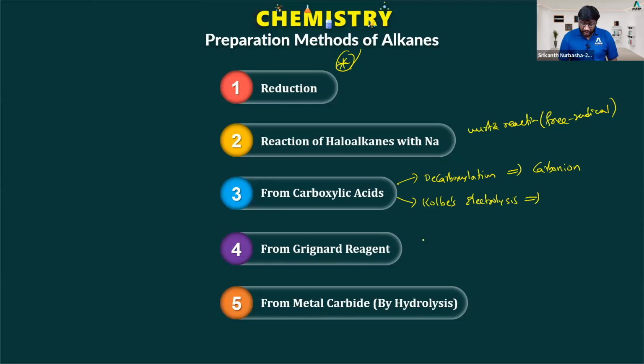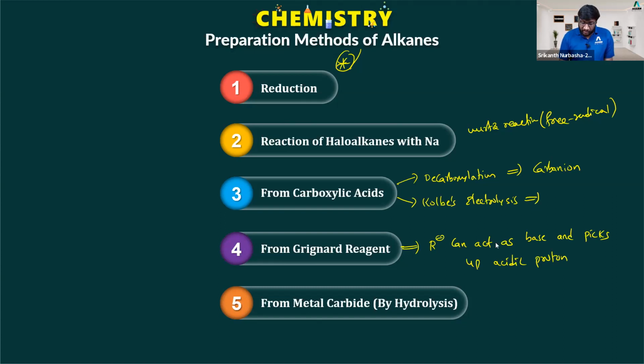Grignard reagents can act as base to pick up an acidic proton. R minus can act as base and picks up the acidic proton. Acidic protons are those protons which are connected to more electronegative atoms like nitrogen, oxygen, fluorine, sulfur, chlorine.